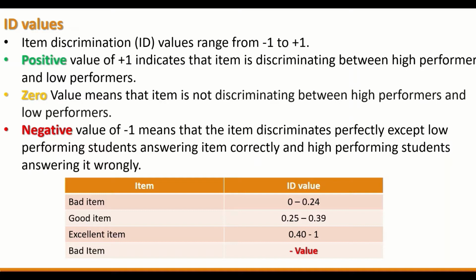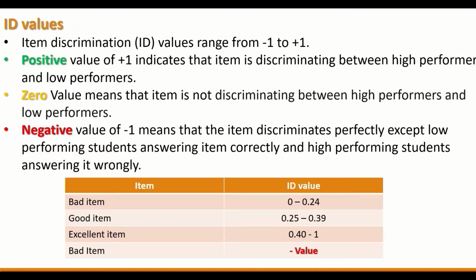As shown here in the table, the range for the ID value is listed, and the items are classified as either bad item when the ID value is from 0 to 0.24, based on Kelly's formula. Good item when the value is between 0.25 and 0.39.